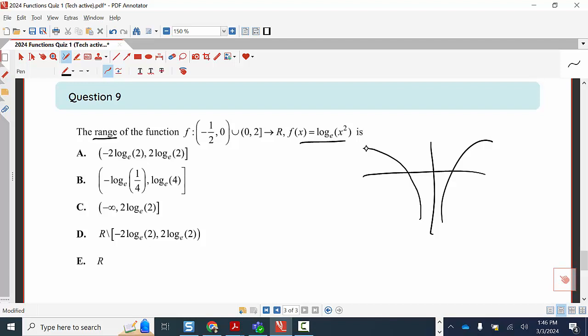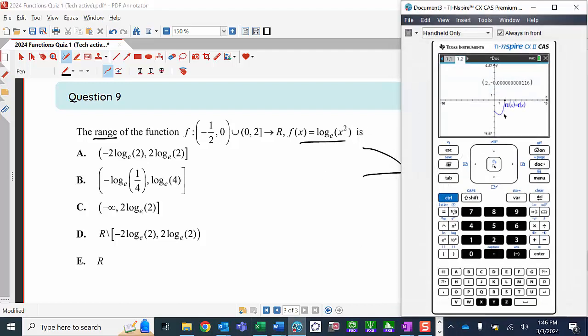So actually what this function will look like is something like that. You could graph that on the calculator. In fact, we might as well do it. So we'll go control doc, graphs, and graph ln x squared. So there it is.